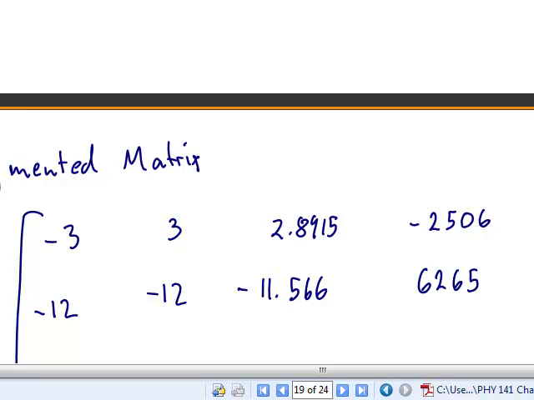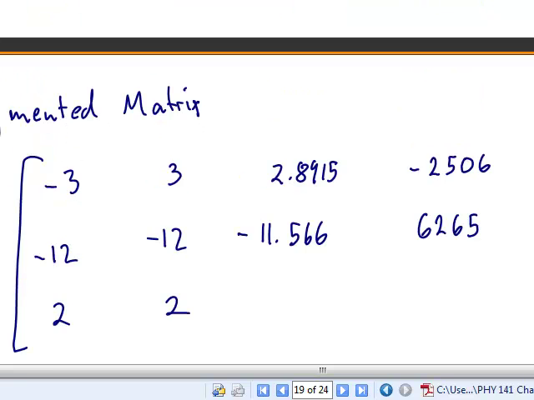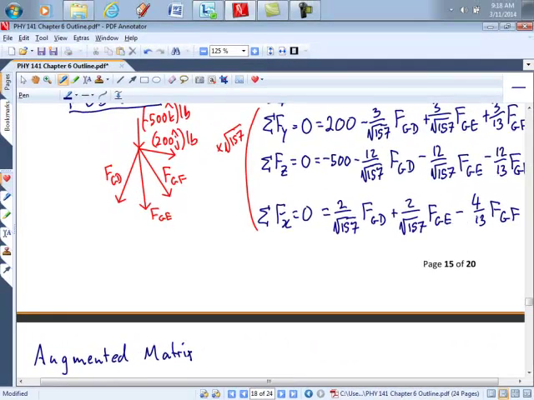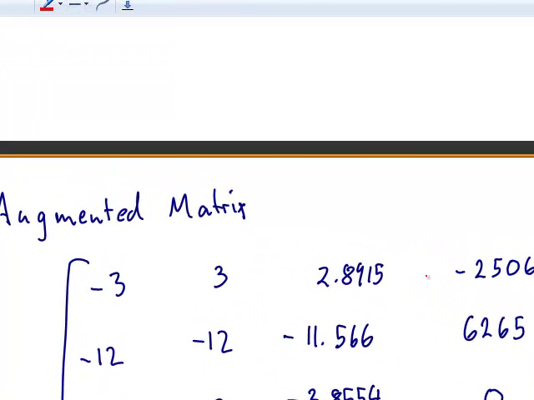All right, and then our last row is going to become 2, 2, 2, negative 4 over 13 times root 157. Negative 3.8554. And that's going to be 0. So there's my augmented matrix.